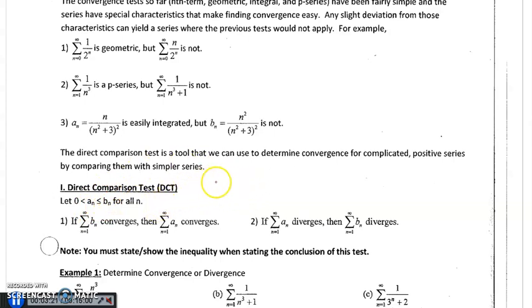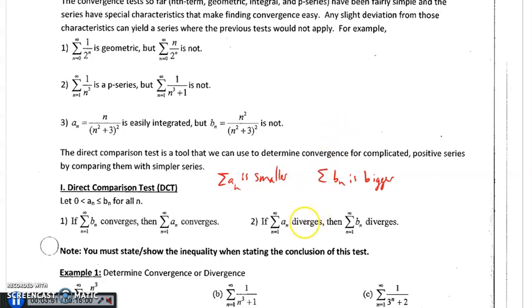So we've got this one is the smaller one, and this one is the bigger one. Okay? So basically what this is saying is if the bigger one converges, then the smaller one has to converge as well. Of course it does, because it's going to converge to something smaller than the bigger one.